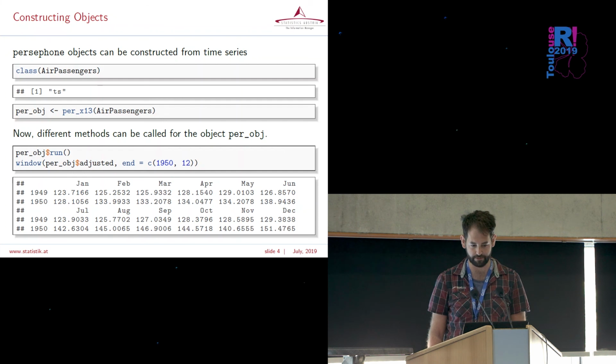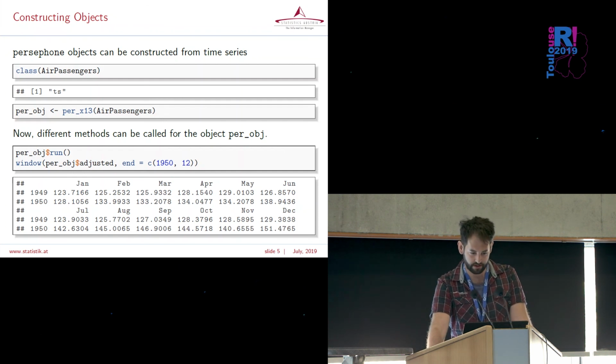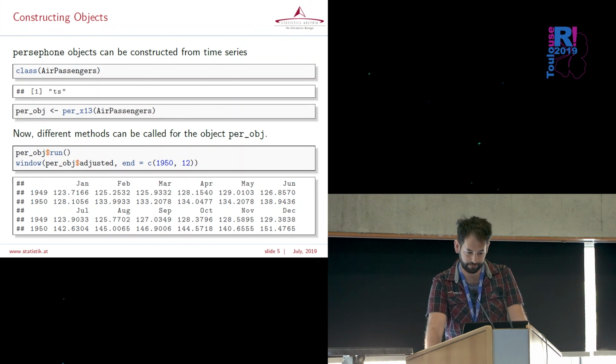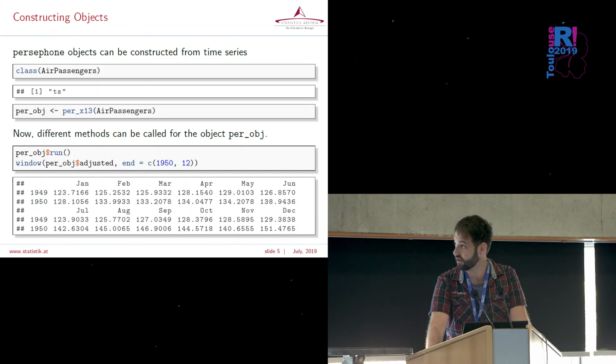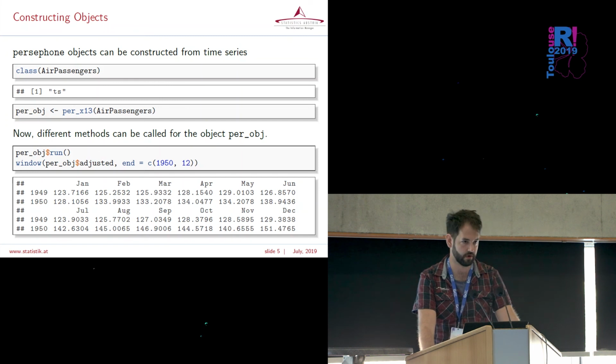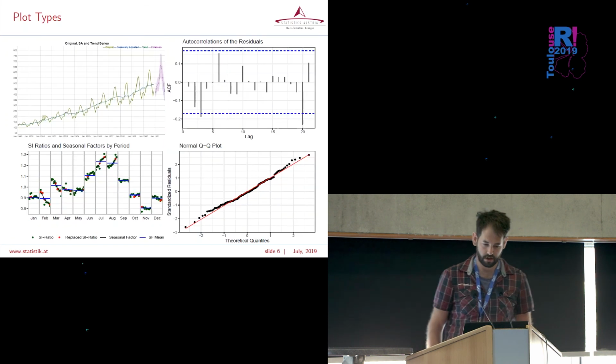And those Persephone objects can then be used with several methods. For example, the run method, which invokes the Java backend to perform the adjustment. And then we can use the object to retrieve the adjusted time series, and of course, other components.